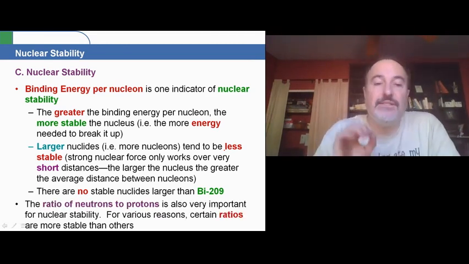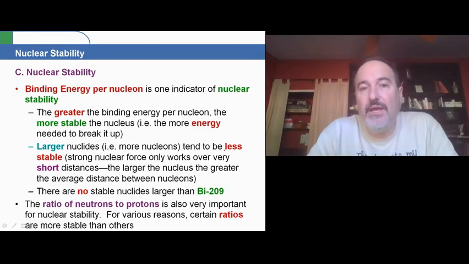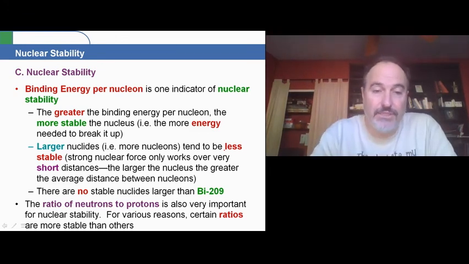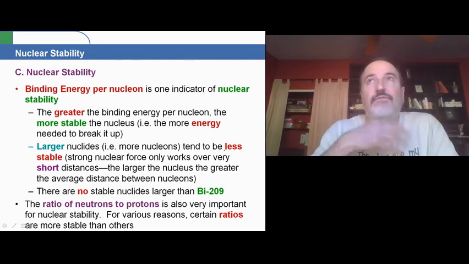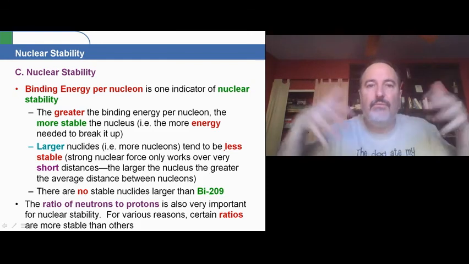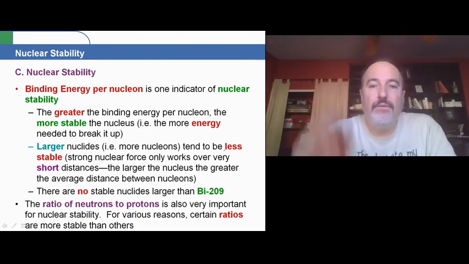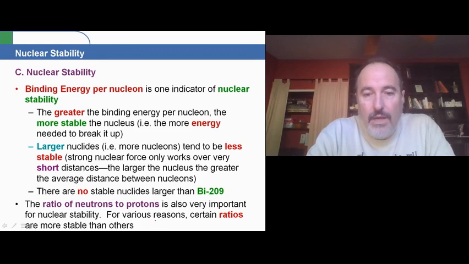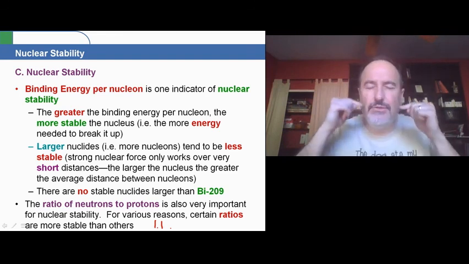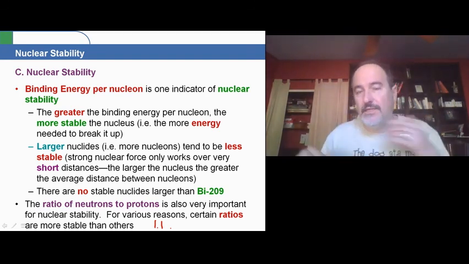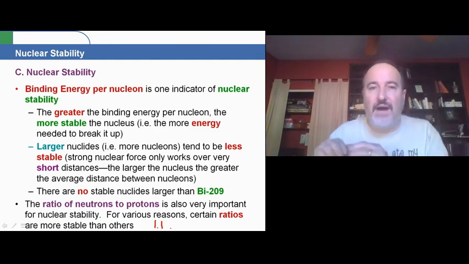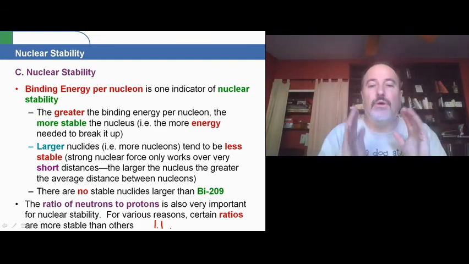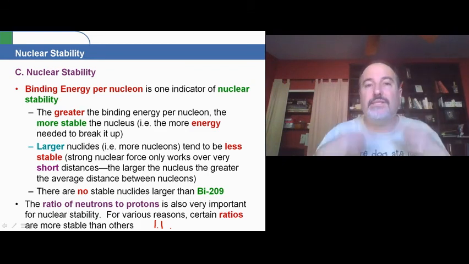Another cause is the ratio. This is something that you should have looked at when you did the Gizmo on isotopes. The ratio of neutrons to protons is also very important for nuclear stability. For various reasons I don't want to get into because I don't want to bog you guys down, the ratio of 1.1 neutrons to protons, in other words, you take the number of neutrons and divide by the number of protons, the closer you are to a 1.1 ratio, the more stable it is.